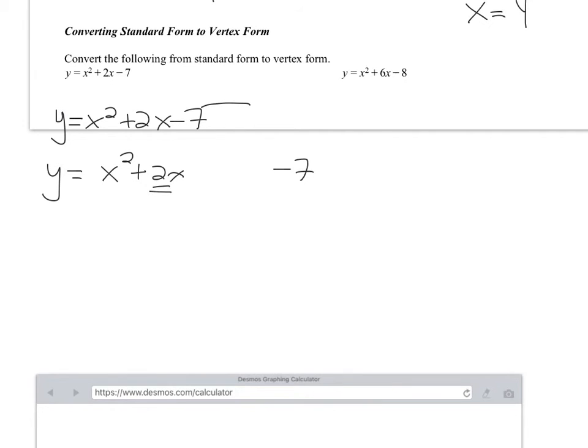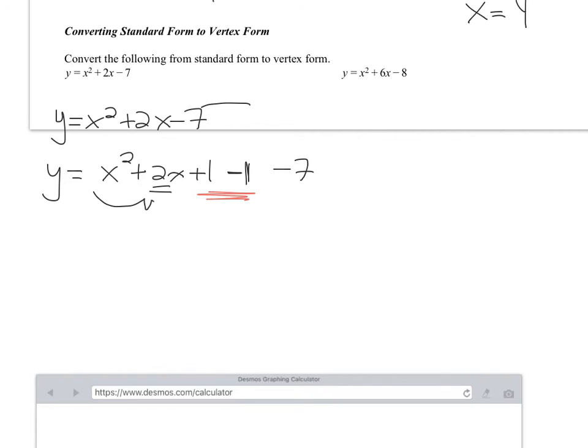So what I'm going to do is I'm going to find that special term to complete the square. So I have 2 here. So when I complete the square, remember I take half of that and I square it. So half of 2 is 1. 1 squared is 1. So I will add 1 to the equation. Now I can't just add 1. To balance it out, I have to subtract 1. So these two things I added are just 0.